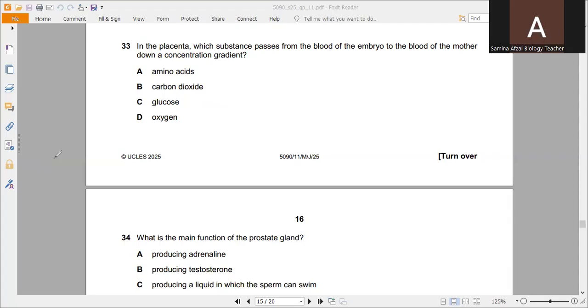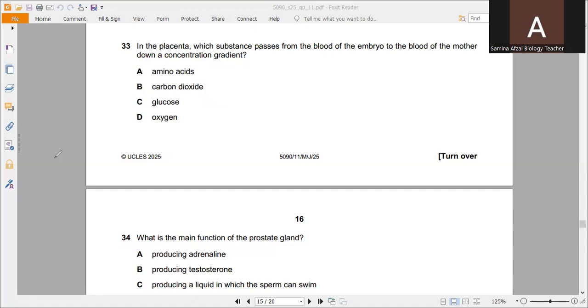Amino acids do not move down a concentration gradient. So only carbon dioxide can move from the blood of the embryo to the blood of the mother down a concentration gradient.